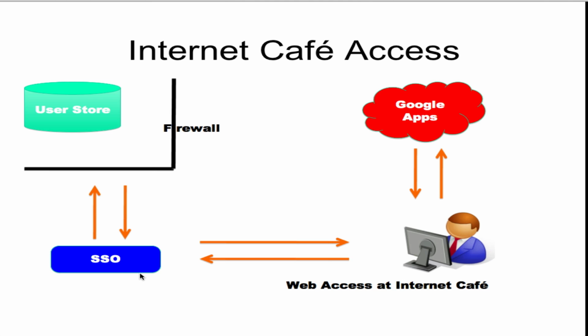The single sign-on system will talk to the user store to verify the user, authenticate that they are who they say they are, and then send that back to Google Apps, and the user will then access Google Apps. So the key thing here, if you want to provide access outside, with non-corporate issued computers at any location, is that we need to ensure the single sign-on system is outside the firewall.